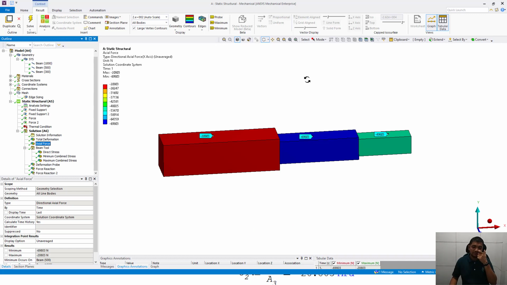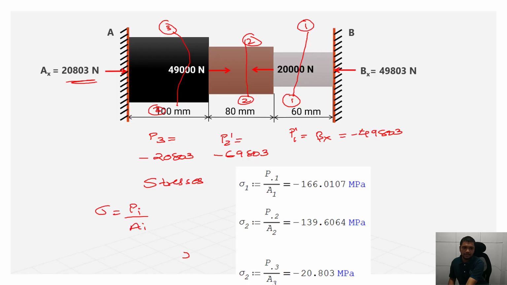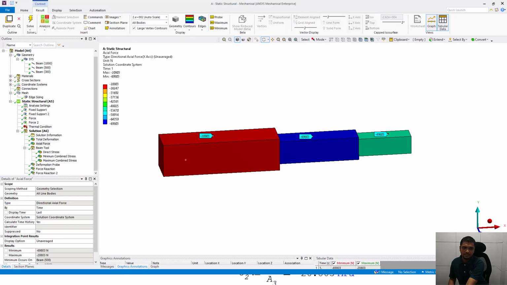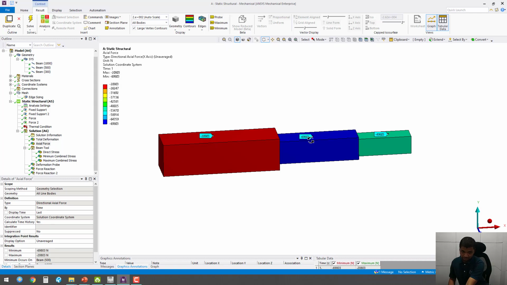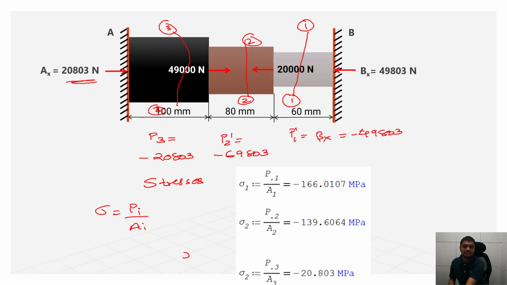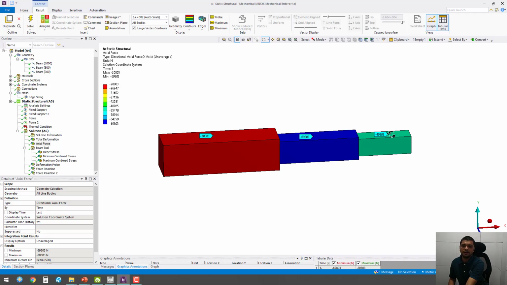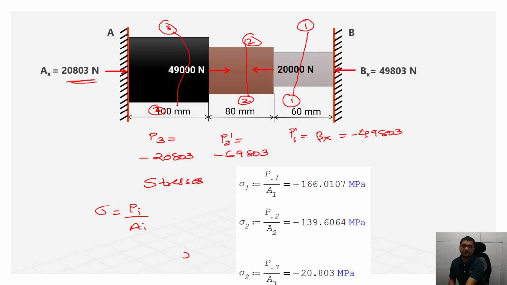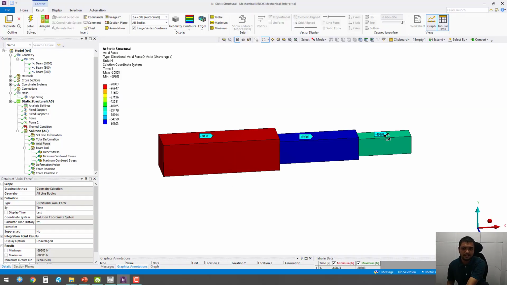Now let's compare this with the ANSYS results. In ANSYS we get internal force minus 20,803, minus 69,803, and minus 49,803, here also minus 49,803.